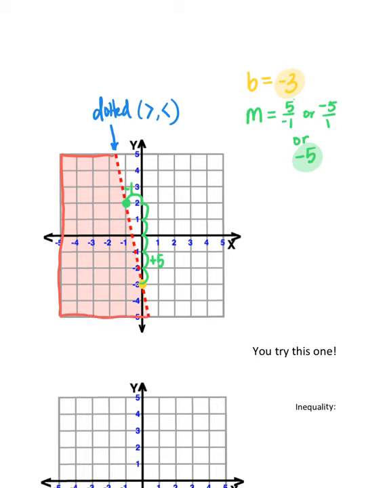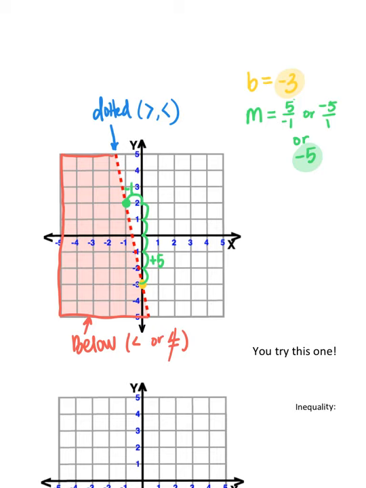And in this case, it's taking place below the line. Okay? And I know it's not equal to because my dotted line tells me that there's no equal to involved. So it's going to be less than.